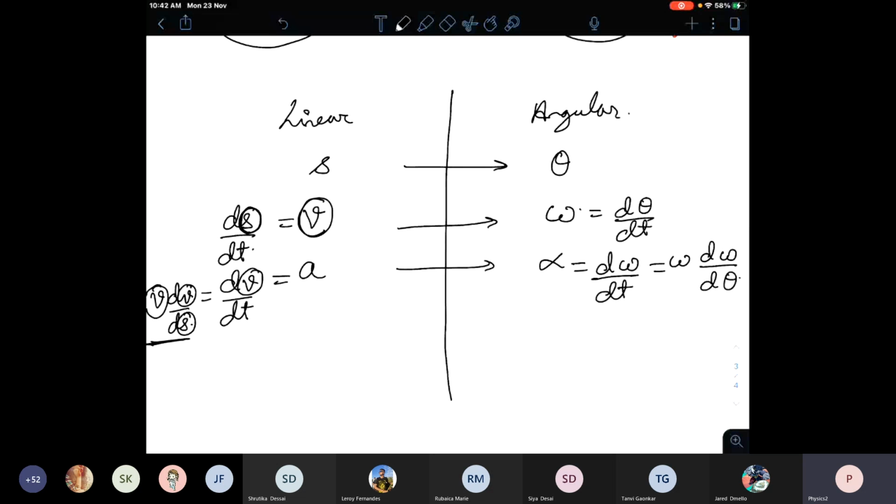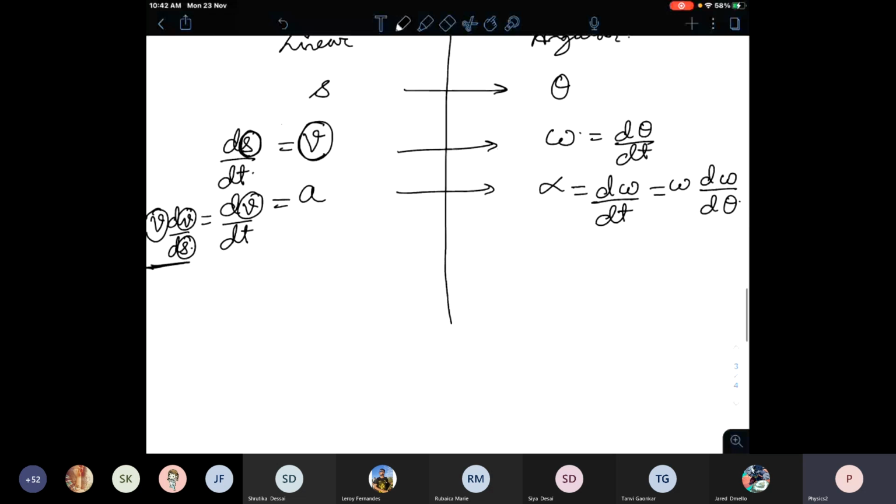You must have studied equations of motion. There is one and only criterion to apply equations of motion: your acceleration should be constant. Whenever your acceleration is constant, you can apply equations of motion, as simple as that.